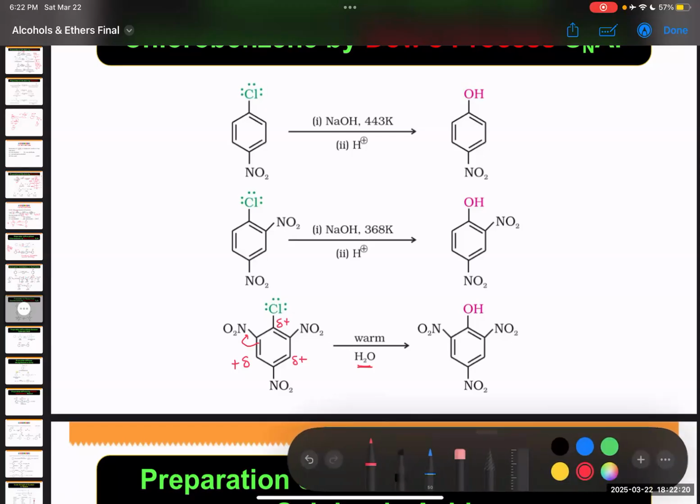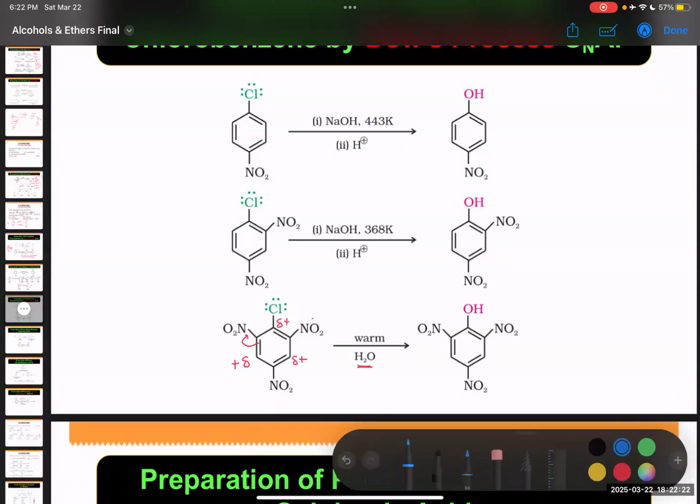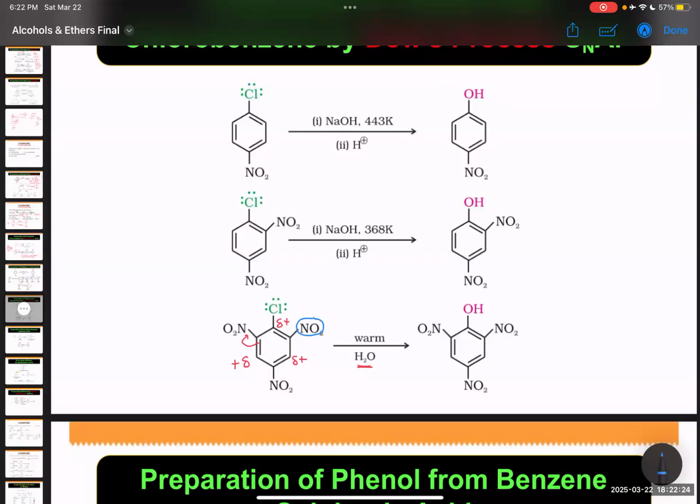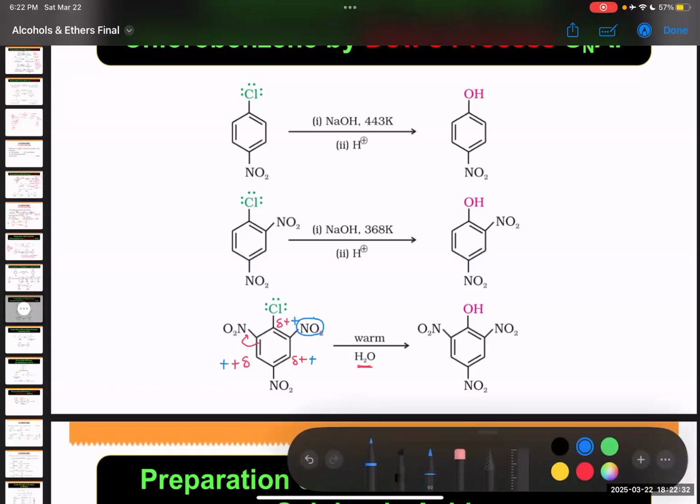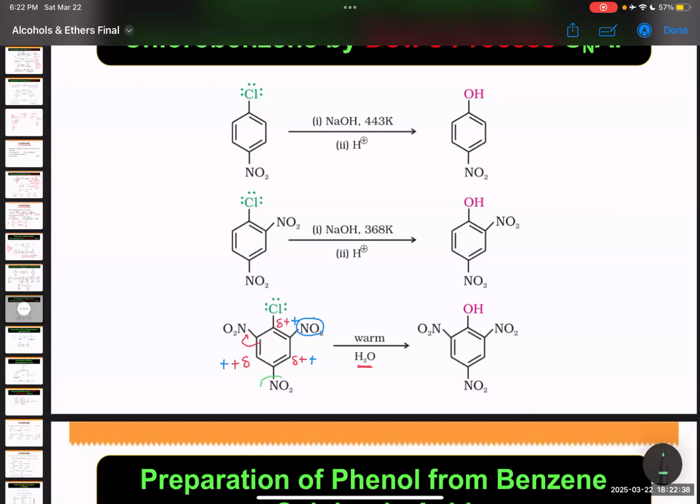There is one more NO2, this one, that is also bringing positive charge to its respective ortho and para positions. There is a third NO2 group, this one, that is also bringing in the positive charge.